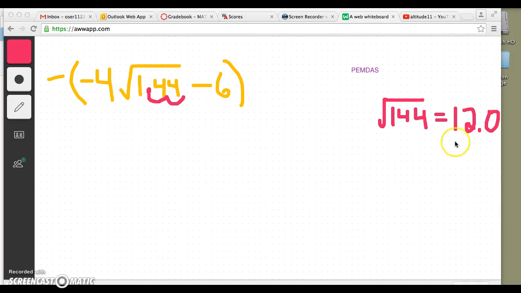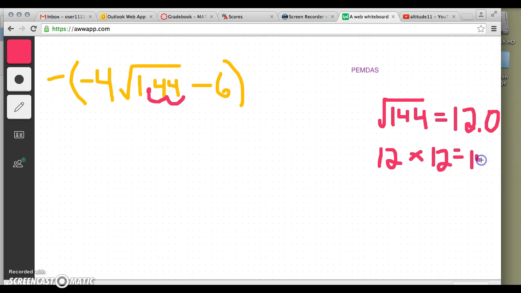Remember what that means, guys, is that 12 times 12 is equal to 144.